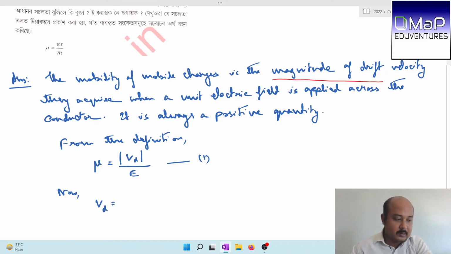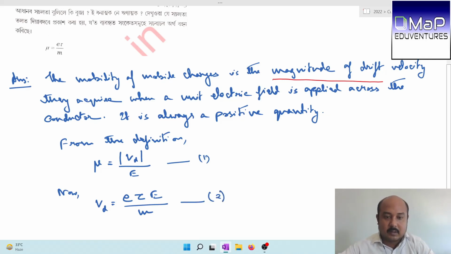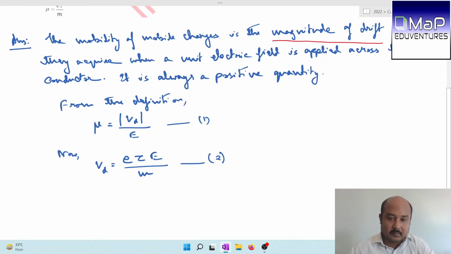Vd is equal to electronic charge times relaxation time and electric field intensity, divided by mass. So that is the drift velocity expression.